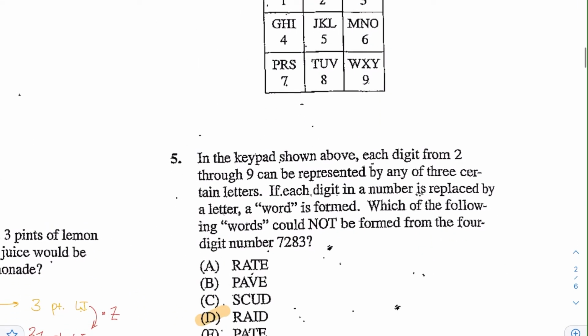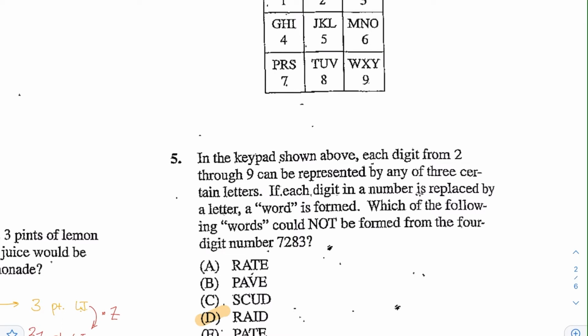Next, for number 5, in the keypad shown above, each digit from 2 to 9 can be represented by any of 3 certain letters. If each digit in the number is replaced by a letter, a word is formed. Which of the following words cannot be formed from the 4 digits 7283?